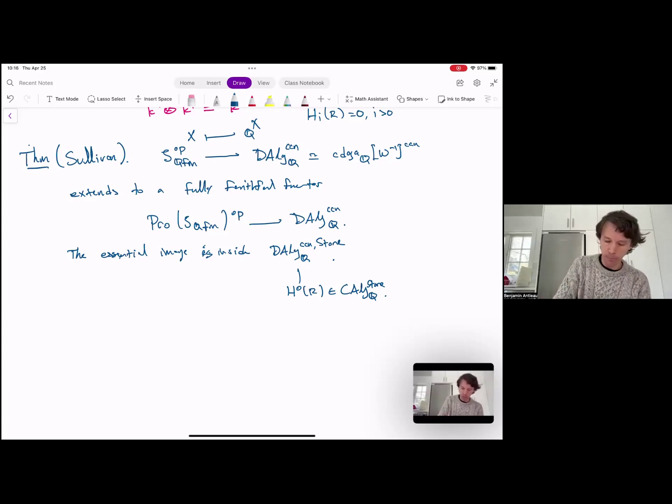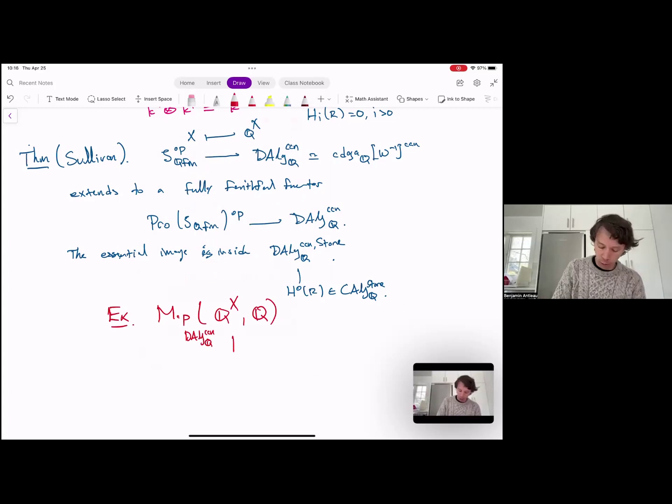For example, the way that you would recover the space itself is you would take the mapping space in this category, DAlg_Q coconnective, from Q cochains on X back to Q. And by fully faithfulness, that's the same as maps. This is Q^(a point), the Q cochains on a point. So this is maps from a point to X in spaces, which is equivalent to X.